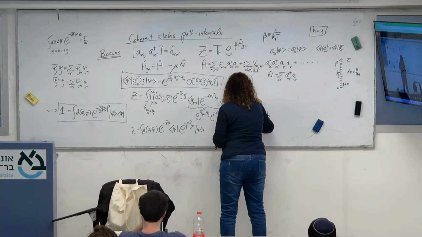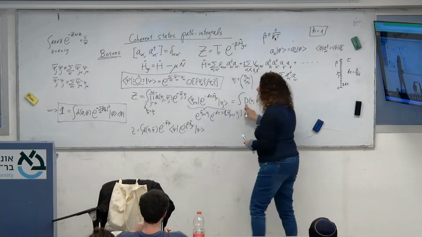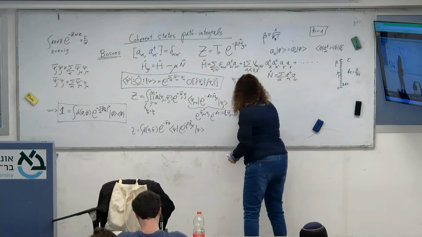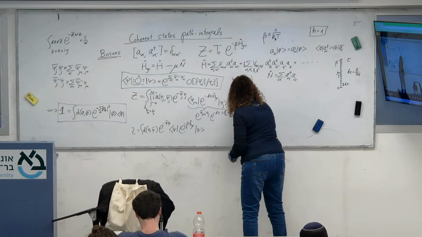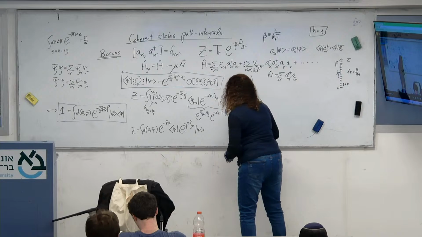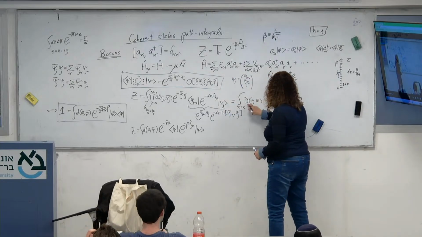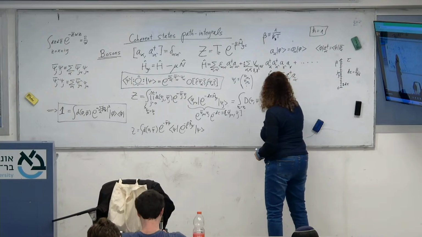I'll define this shortly. This is capital D now. And I have here also a constraint that psi n equals psi 0. I'll define this in a minute, but what do I have in the exponent?